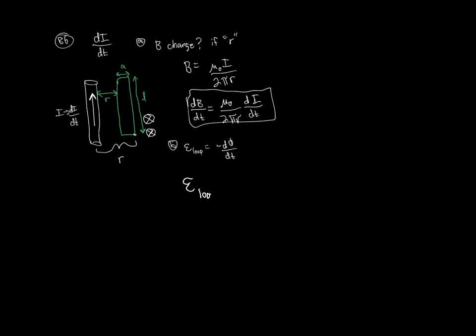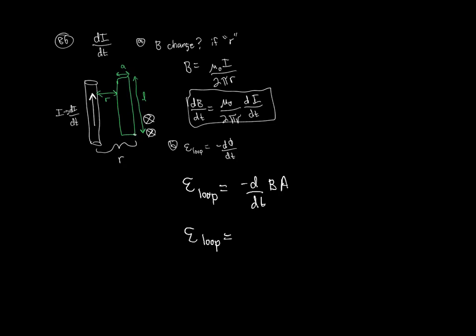So E in the loop is equal to negative d/dt of B times A. Very, very easy problem. Is the magnetic field changing inside of this loop?